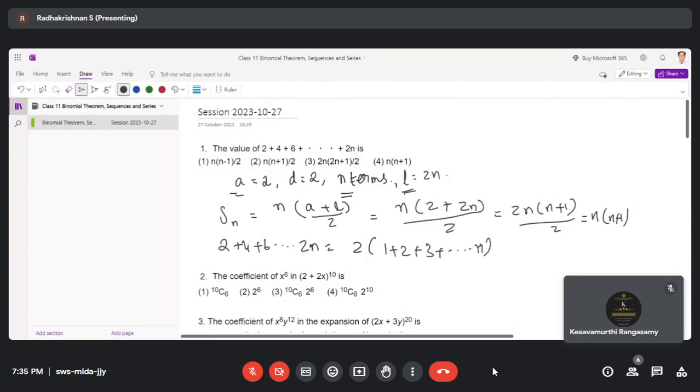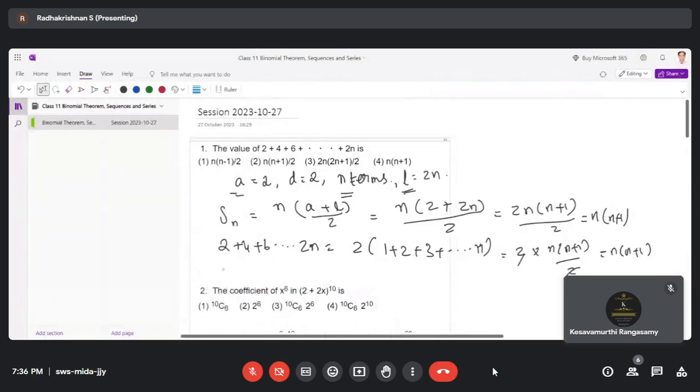Clear? So that way also we can do it. You will get the same result. It's option 4. That's what you got, right, Akshaya? Option 4? Yes, sir. Good.